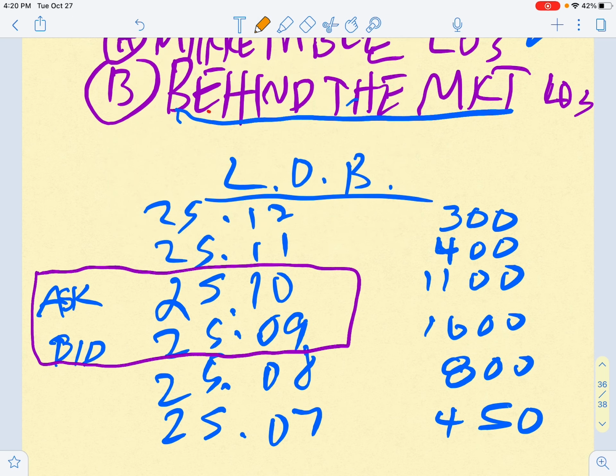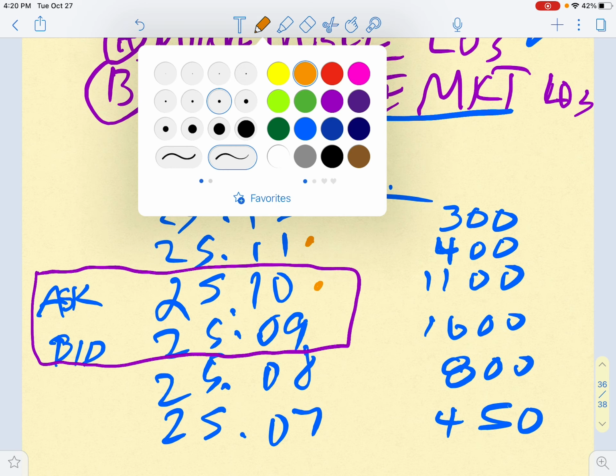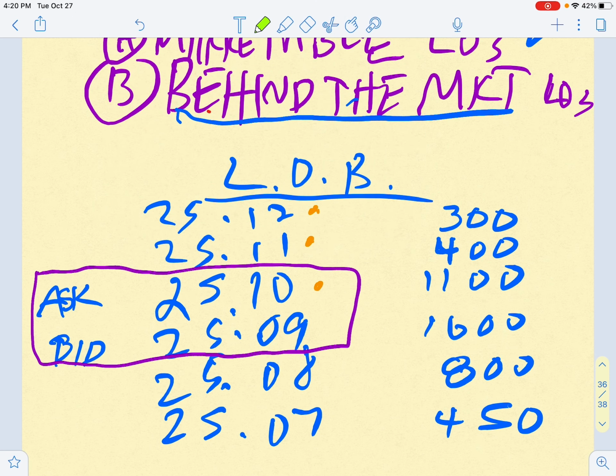The orange dots have been placed beside prices that indicate willingness to sell by a seller, and the light green dots are placed beside the prices for buyers that are interested in buying shares. So the orange indicate interest in selling, the lime green indicates interest in buying.